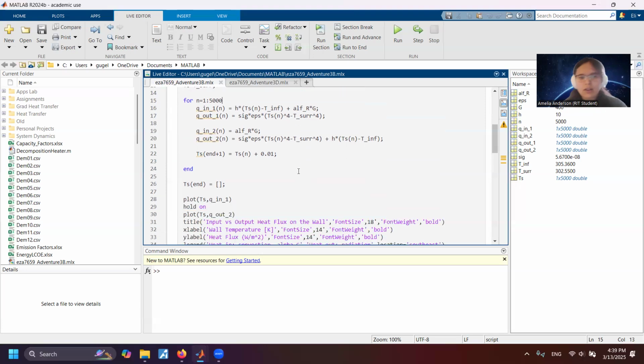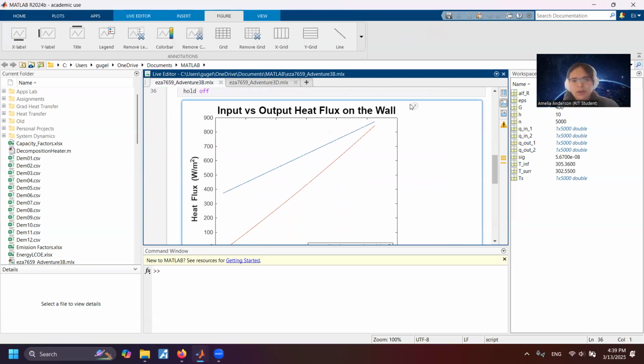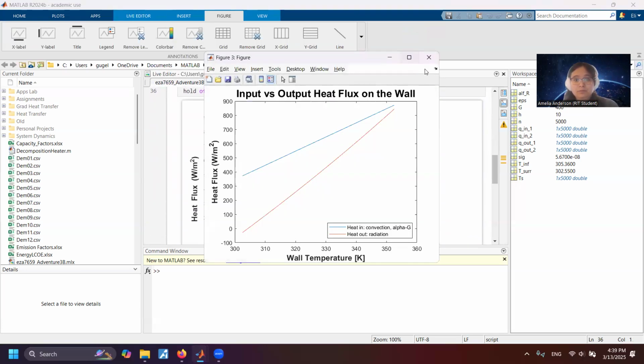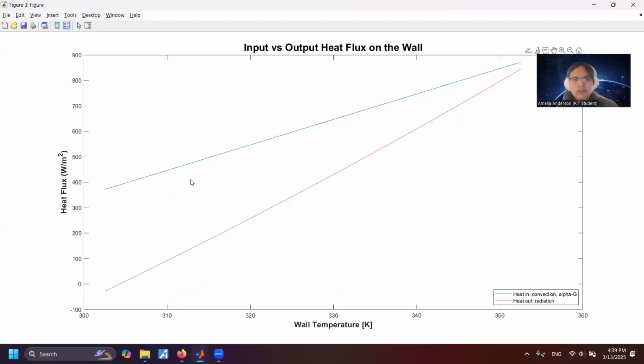So what I did is, if we plot that actually, and let me just pull this up, we can see here that our input flux, this is again assuming that we're gaining heat from our convection, which again is no longer true beyond this point, over here where my mouse is.